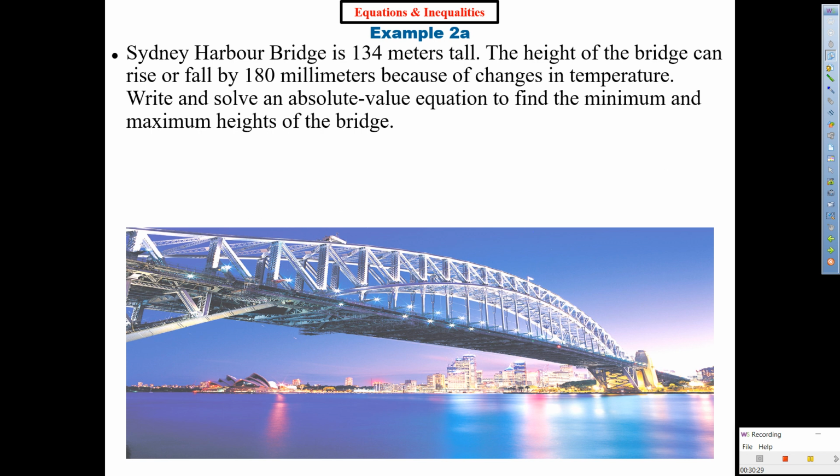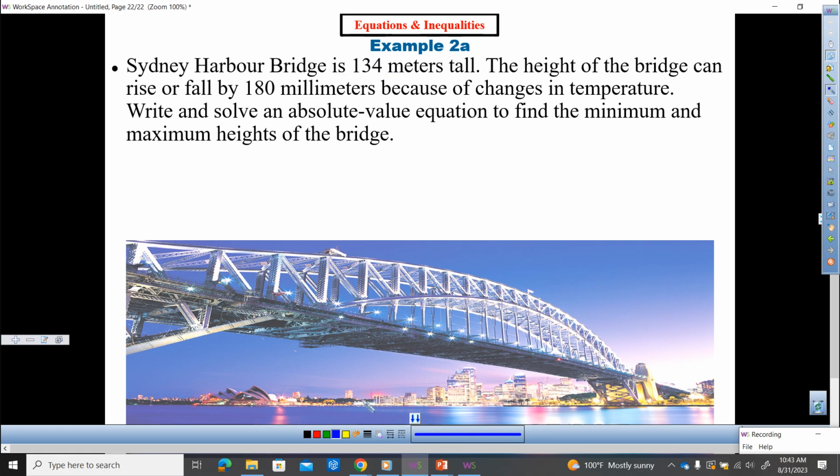So the bridge, check this out, can either rise or drop depending on the temperature. Not a lot, but enough to make a difference. So engineers, those that design bridges, need to keep that in consideration. Now, how do we write an absolute value equation for that?